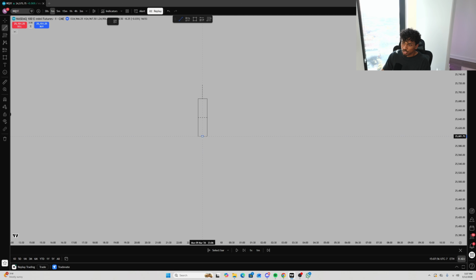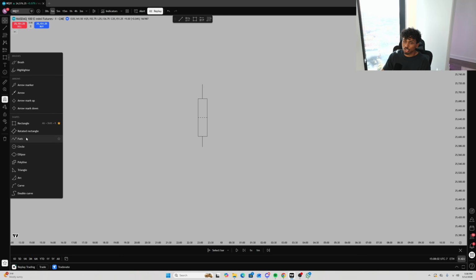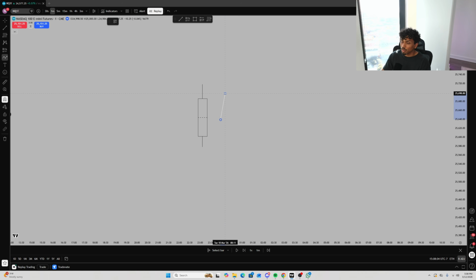Basic candle anatomy also says that the candlestick should either open higher and then close lower, which is a bearish candle sequence, or open lower and then close higher, which is forming a bullish candle sequence.